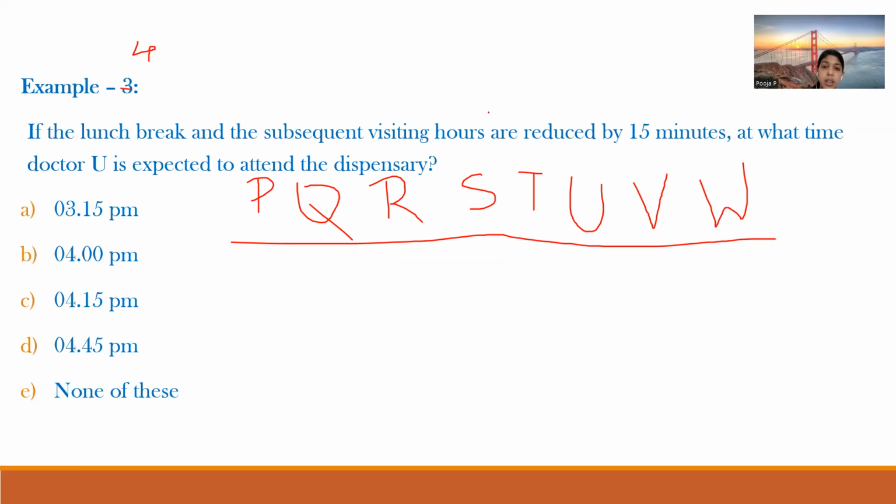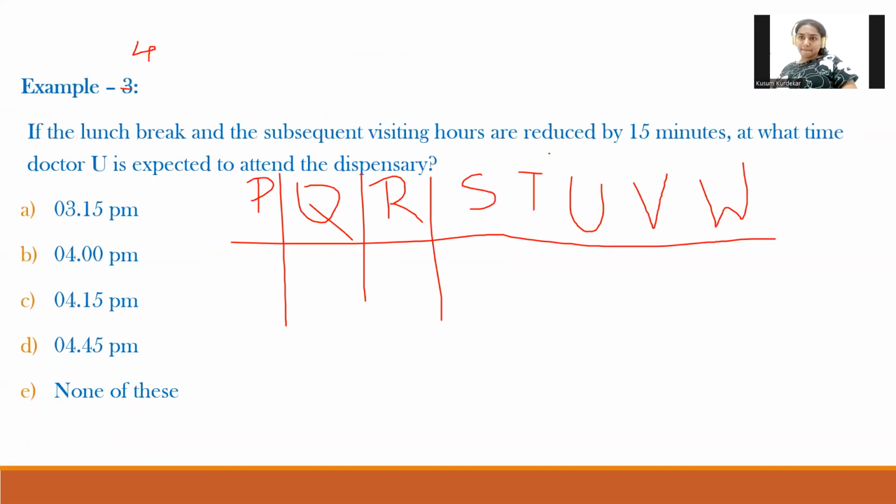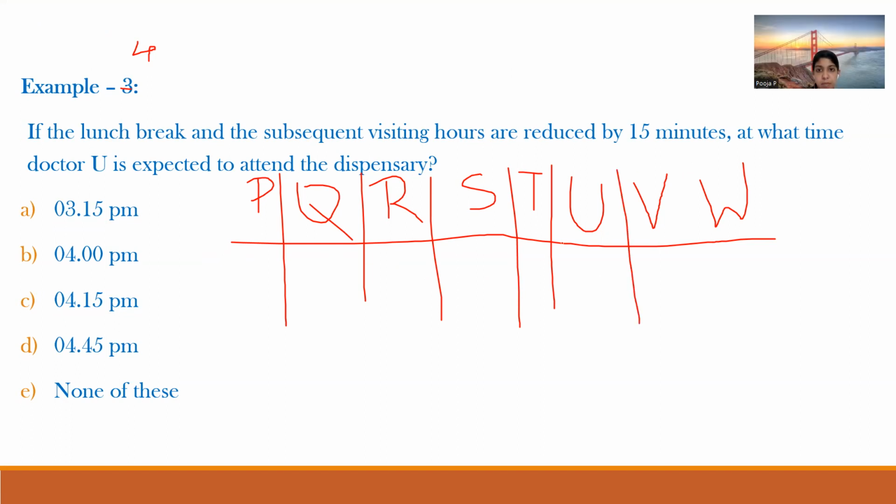So who and all are coming after lunch break? Dr. P is coming after lunch break. Dr. R is coming after lunch break. Dr. W, R, and U. U is the last. Should we reduce the time only after the lunch break or from the beginning of the day?